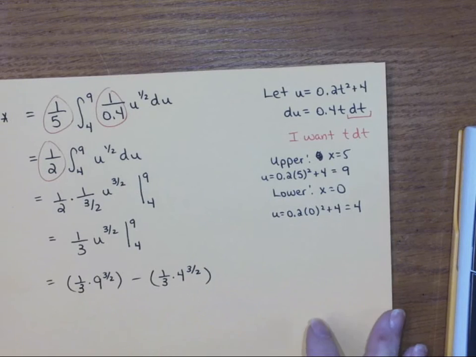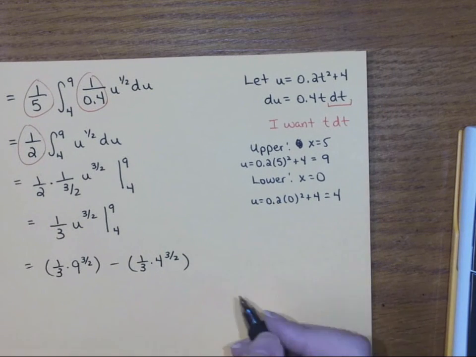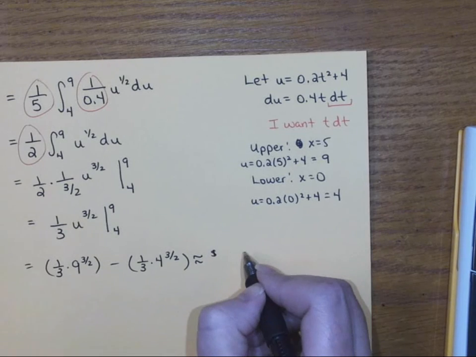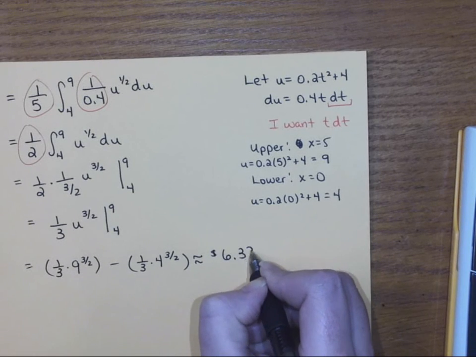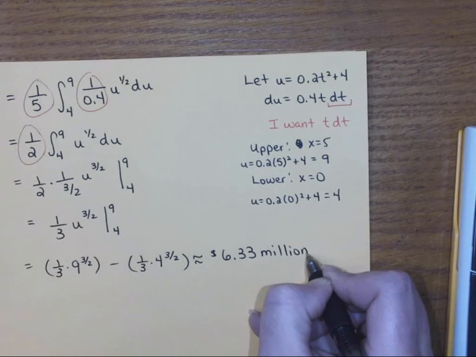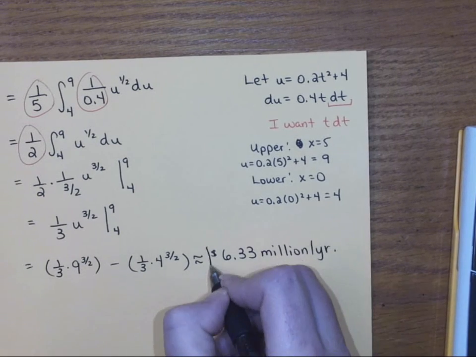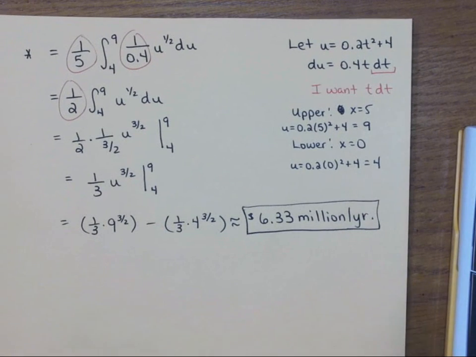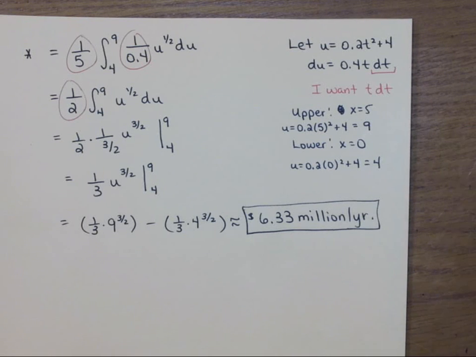Since I'm looking for average sales, it would be appropriate to round to maybe 2 decimal places. So this comes out to be 6.33, and then don't forget, if you read the problem originally, it's million per year. So this startup company was having average sales of 6.33 million per year, but it could have been that certain years were better than others.